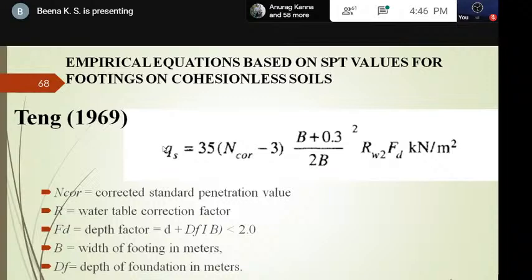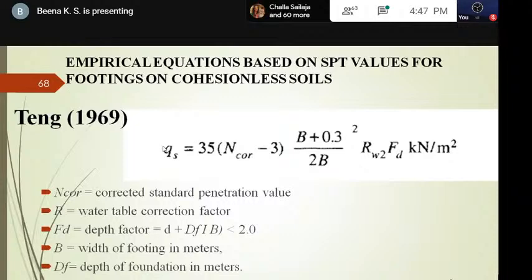Teng in 1969 proposed an equation for a settlement of 25 millimeter, based on the curves developed by Terzaghi and Peck in 1948. He modified the equation suggested by Terzaghi and Peck.